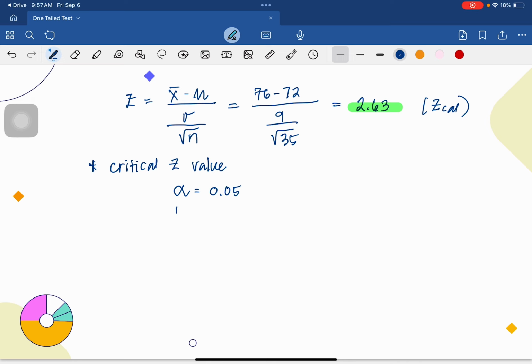Therefore, the probability we will be checking in our normal distribution table is 95%. This 95% is actually the area on the left side and 5% is on the right. So we look for the shaded area, and 95% translates to 0.9500. And we look this up in the z table.